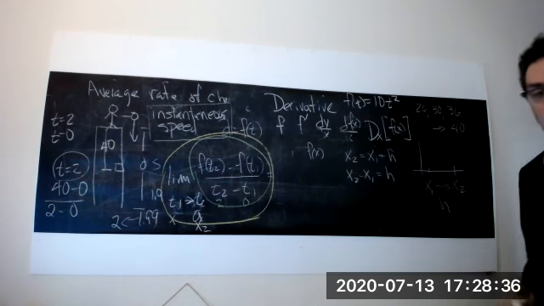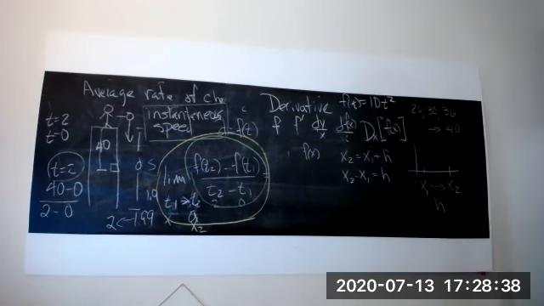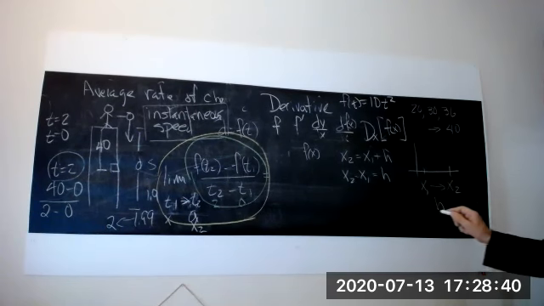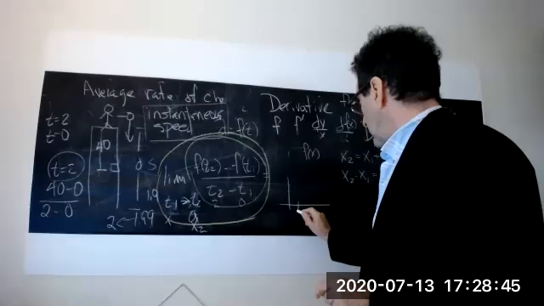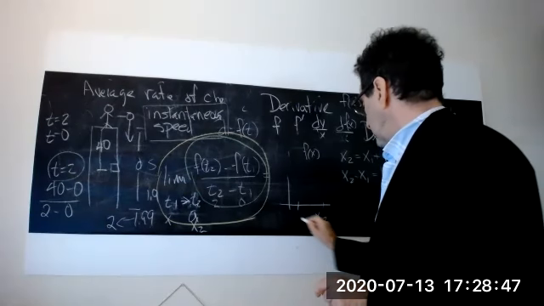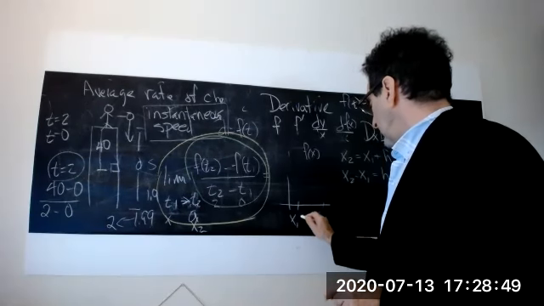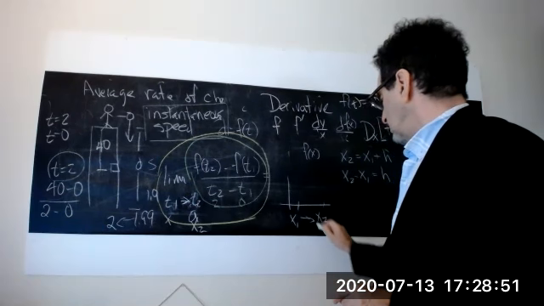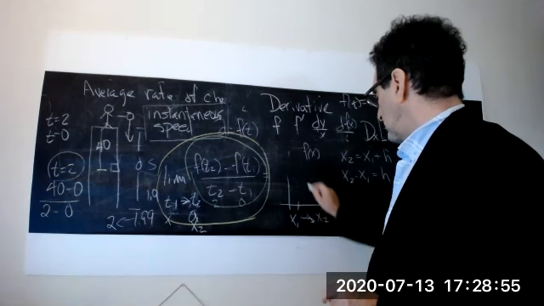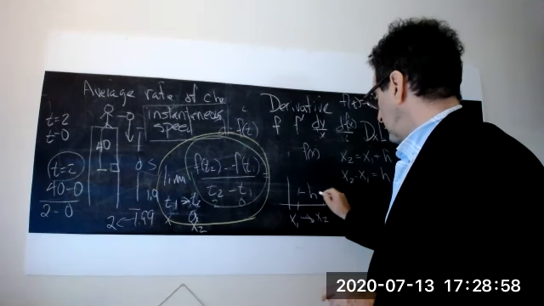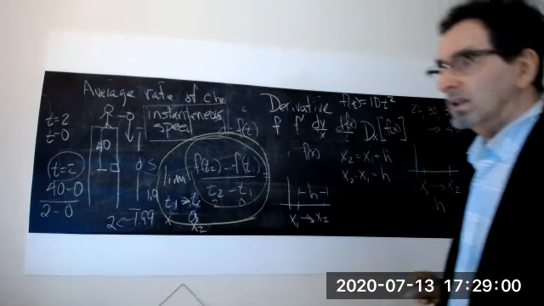Sort of. Well, okay, so I'll write it here. Here's x1, here's x2, and x1 is approaching x2, and let's call the distance between x1 and x2 h. You see that now? Yeah.